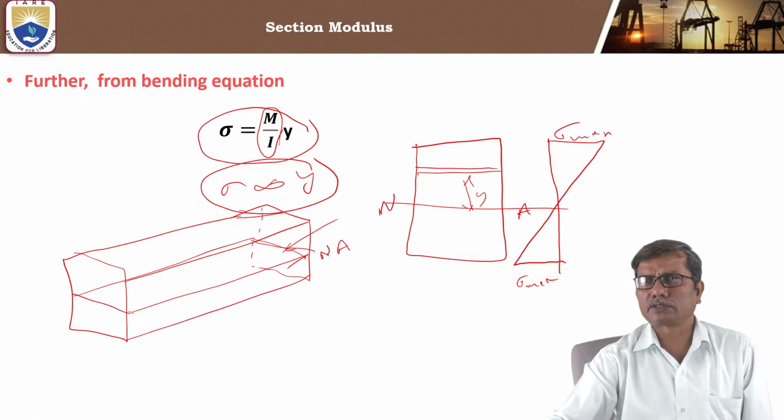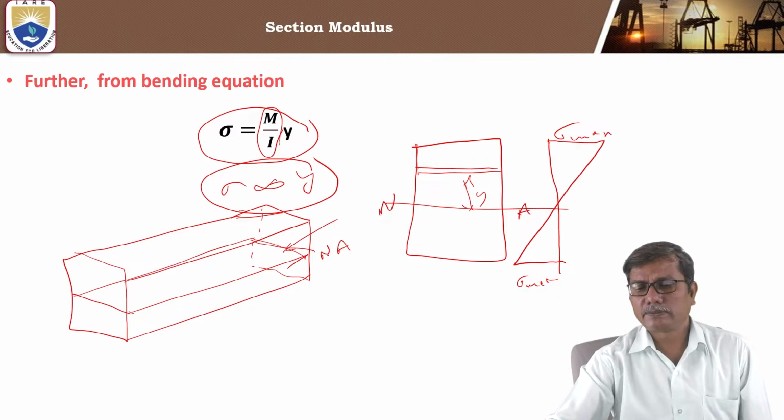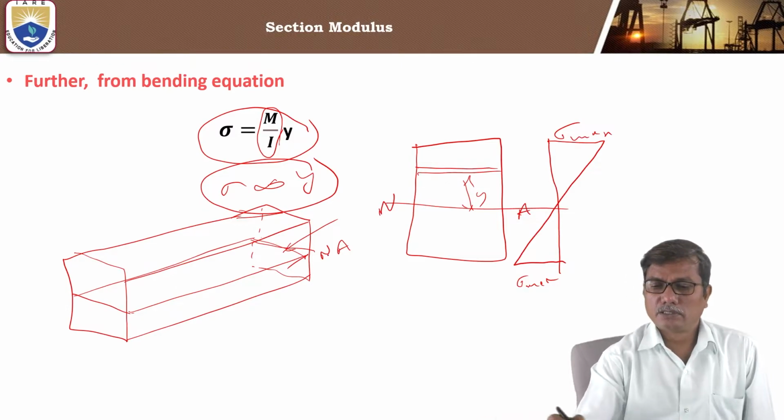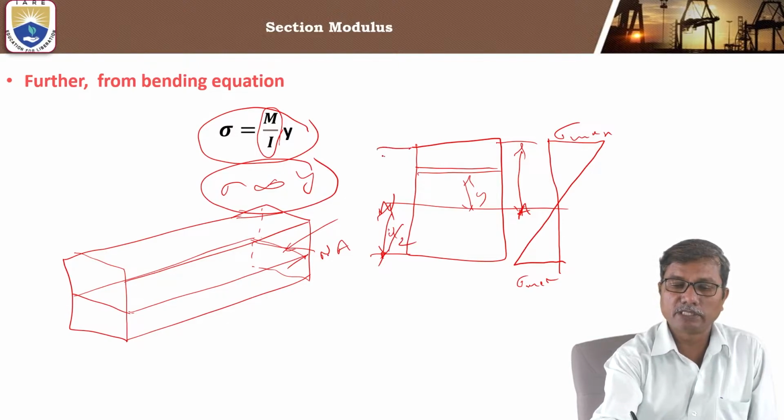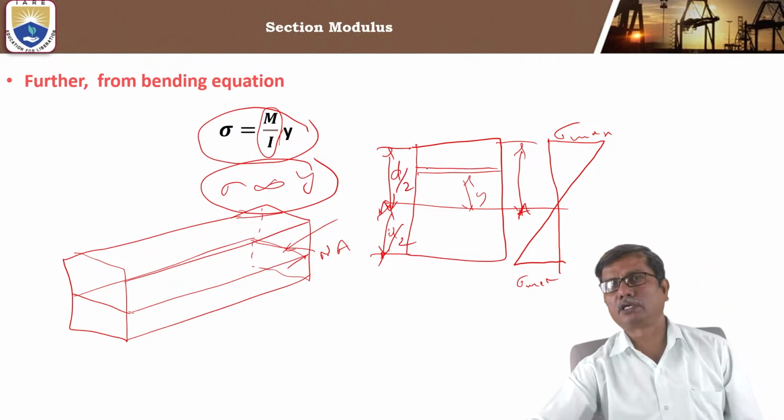If the section is symmetrical, as in the case of a rectangle, the distance will be d by 2 from the neutral axis at the top and bottom.